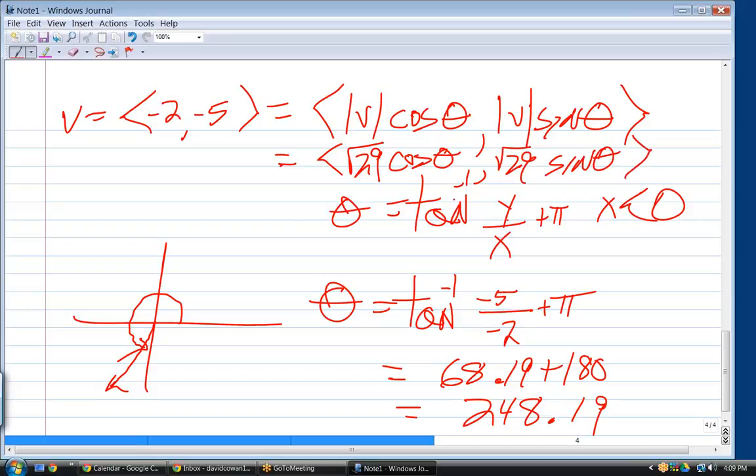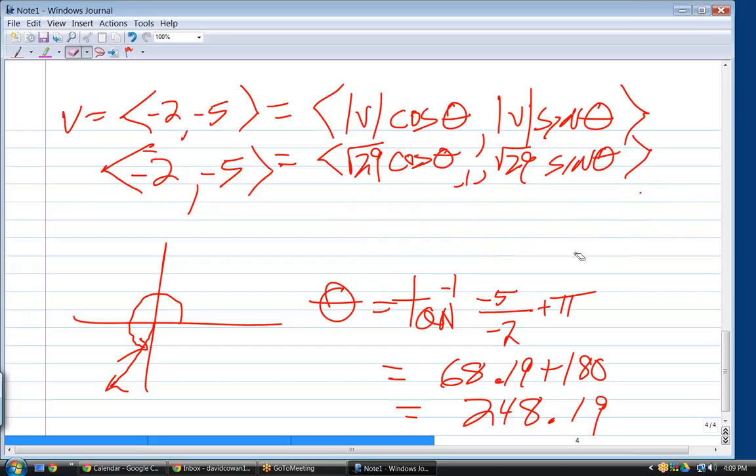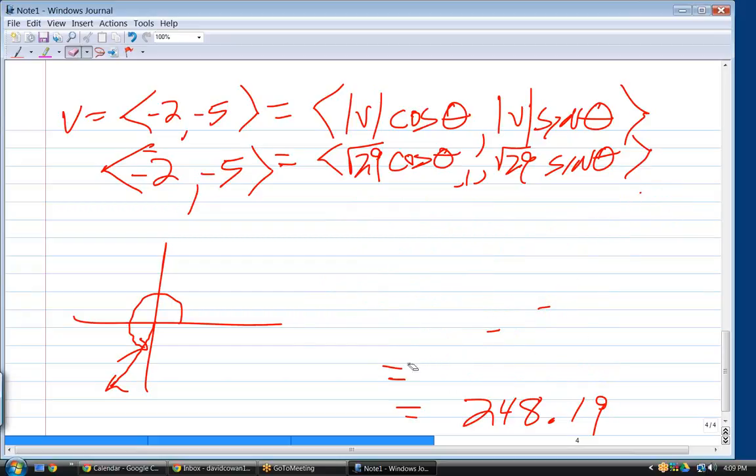And now I can make things equivalent. In other words, since this vector is equal to this vector, then square root of 29 cosine of theta must be equal to -2. So I solved that equation.